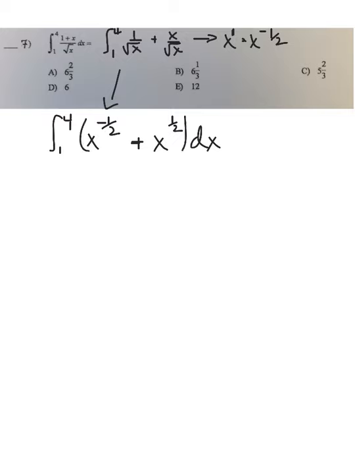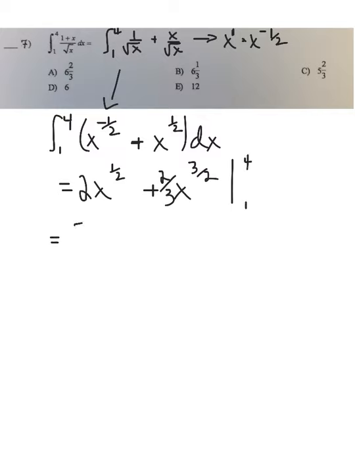Okay, so let's go ahead and integrate that. So that's going to be x to the positive 1/2. But remember, we're technically dividing by 1/2 or multiplying by 2. This one's going to be x to the 3/2. So we're technically dividing by 3/2 or multiplying by 2/3. Now, no plus c because we have bounds. So we're just going to evaluate that from 1 to 4.